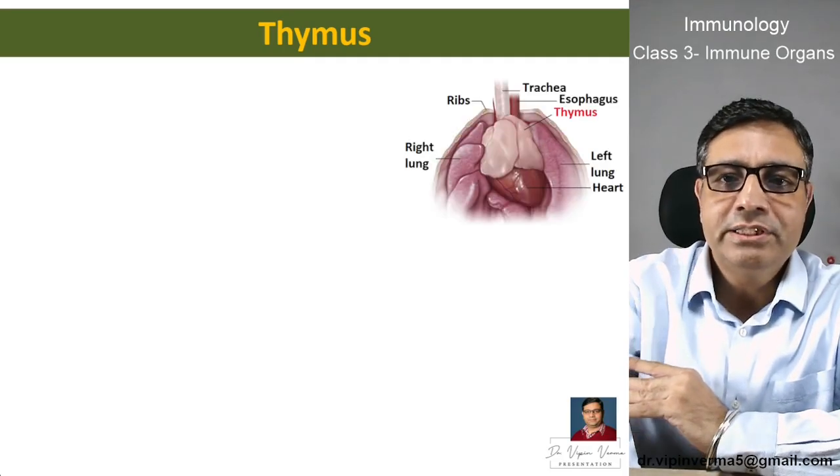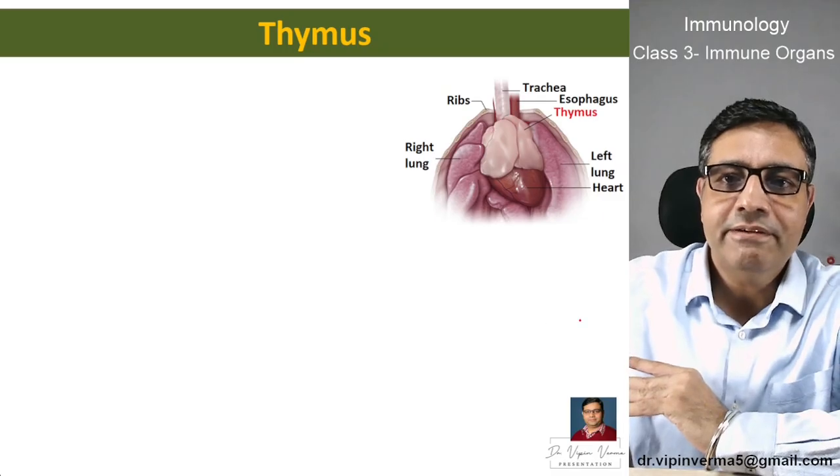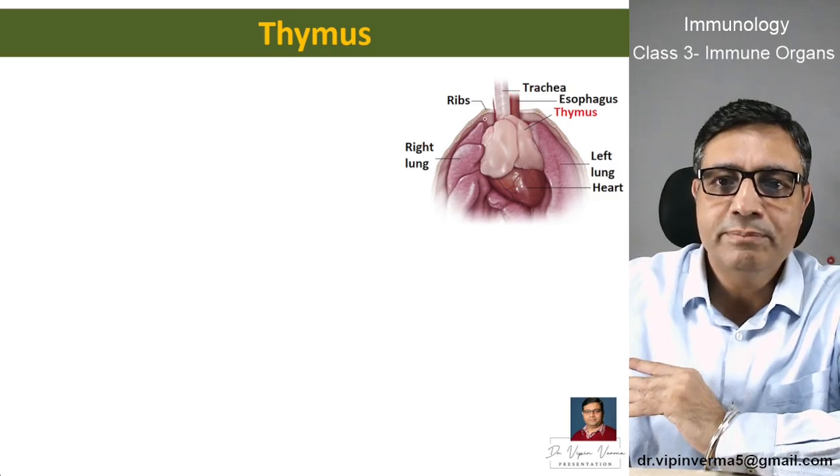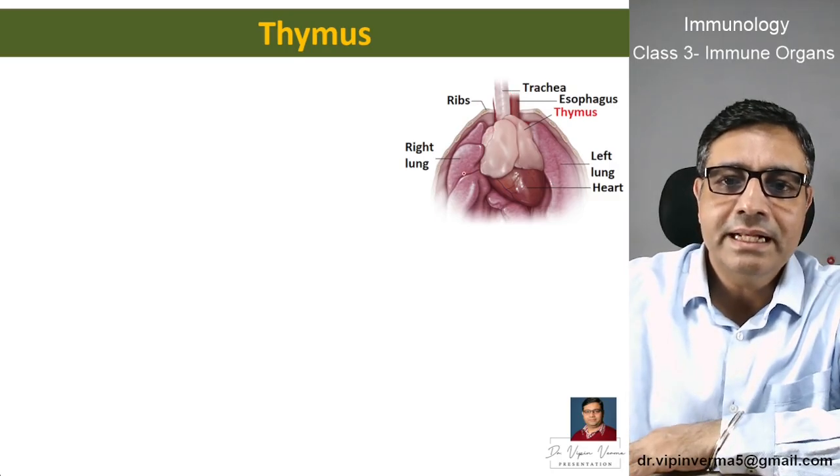In the picture you can see the anatomical sites: the trachea, esophagus, ribs which are cut, then the right lung, left lung, the heart, and this is the thymus. The thymus is the site of T cell development, and it is located just above the heart.